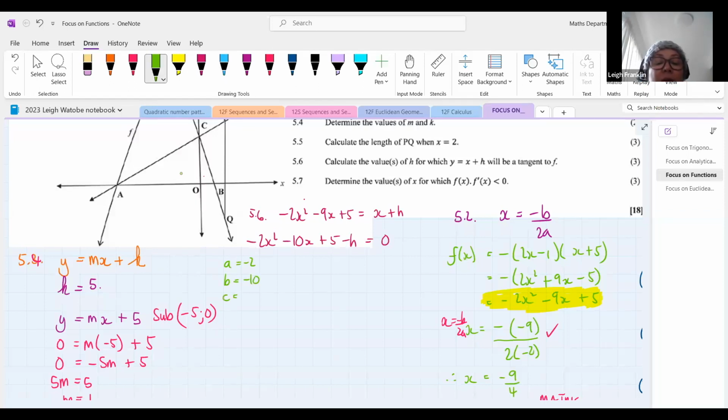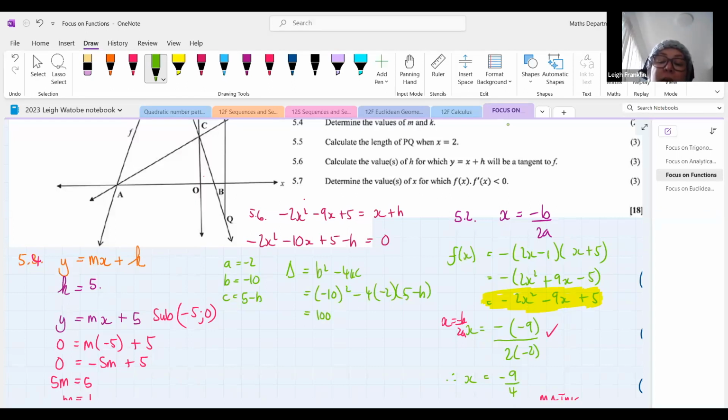C is everything else, so C in this case is 5 minus h. We need to sub that into delta. So b squared would be minus 10 squared minus 4 times a is negative 2 and c is 5 minus h. Okay, so this would give us 100.